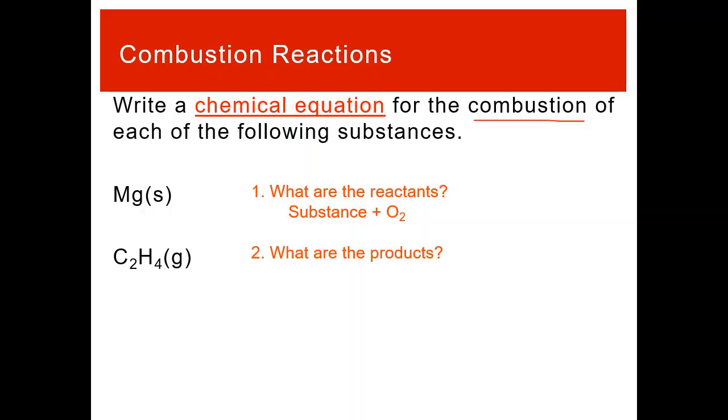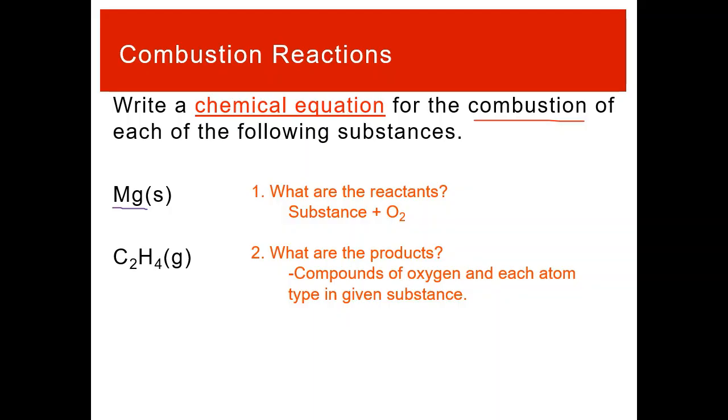Then my next question is, what are the products? Whatever atoms are in the reactant that's undergoing combustion, I form a compound of each of those atom types with oxygen. In this case, I would have magnesium. There's only one atom type in this, it's elemental, so I'd make a product of magnesium and oxygen.